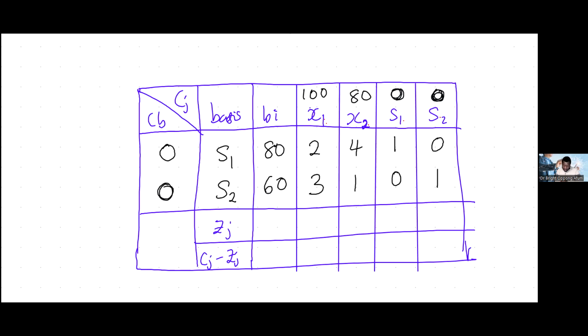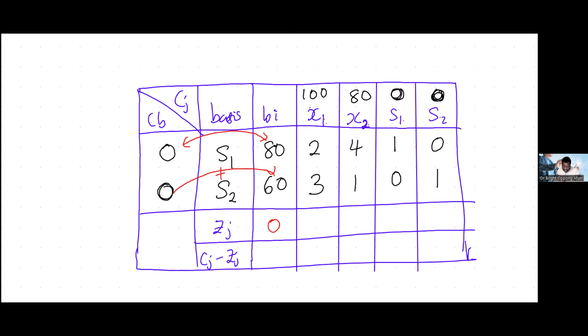Then here, we begin to fill this part of the table, right? The Zj row. The Zj row is obtained by multiplying this by that and adding it to this times that, right? So 0 times 80 plus 0 times 60, and this one will be 0, right?